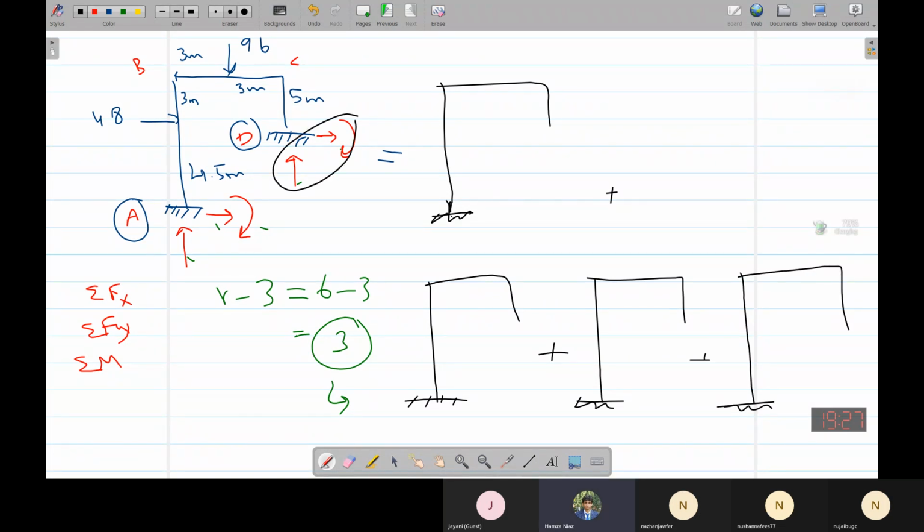So we have removed the horizontal direction, vertical direction, as well as the moment direction at point D. So I'll just place forces here: horizontal force HD, vertical VD, and a moment MD. This was our primary structure, the top one.